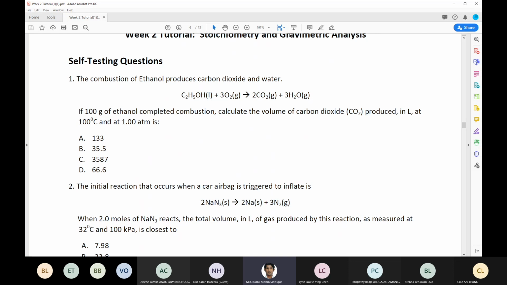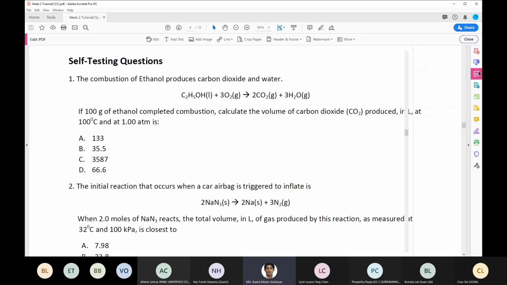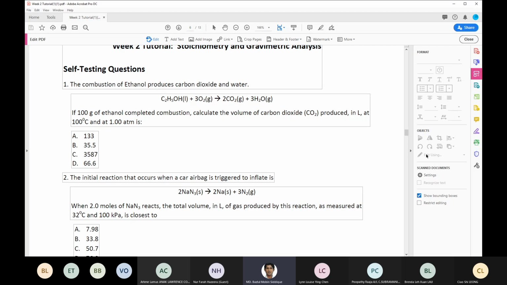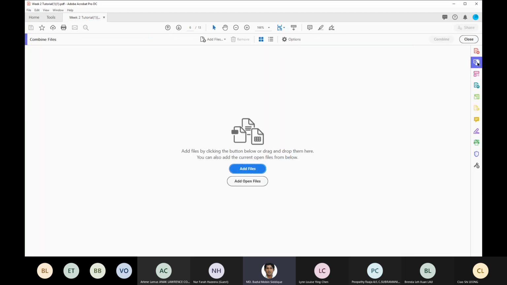All right. So, okay, hold on. Edit PDF. There was supposed to be a pen here.